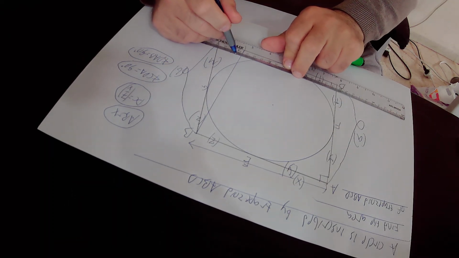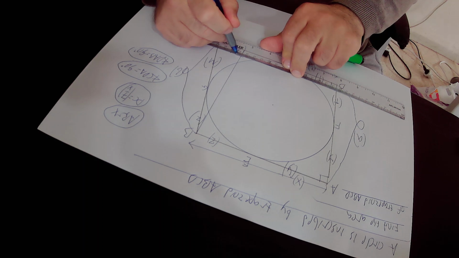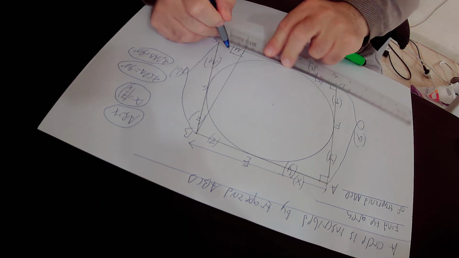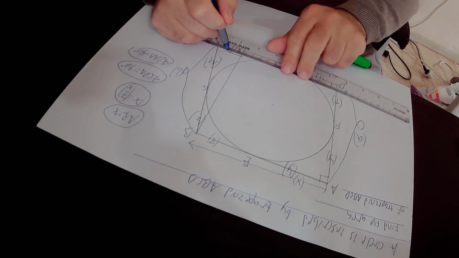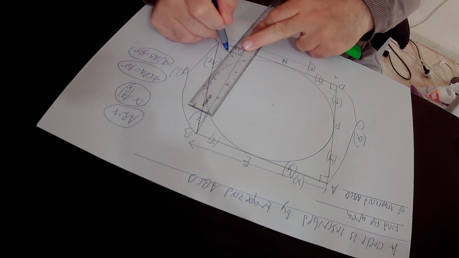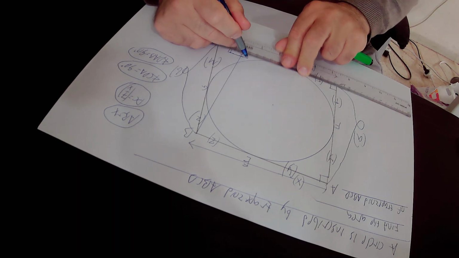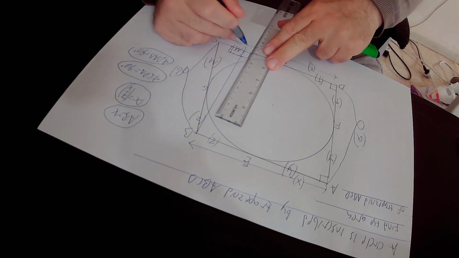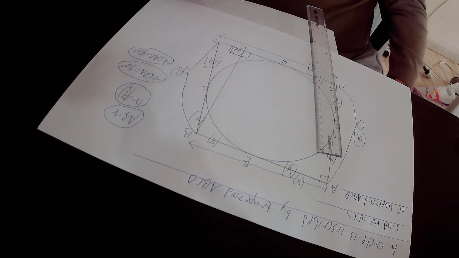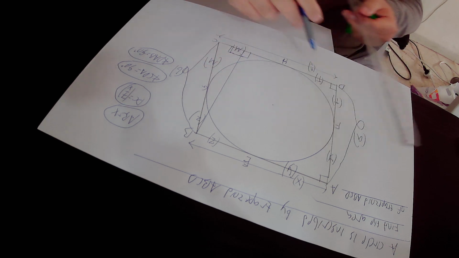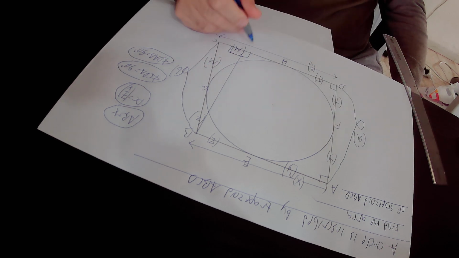So this angle equals 90 degrees, and this angle also equals 90 degrees according to our construction. We define the touching point of the perpendicular from point B and DC, this point, as point S.